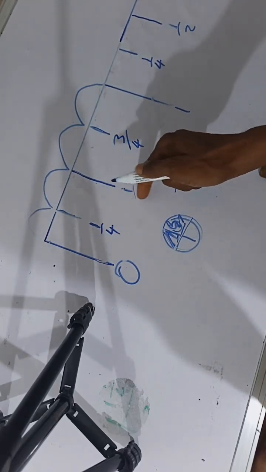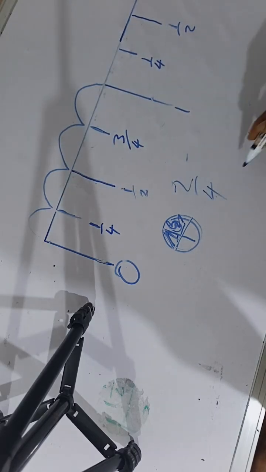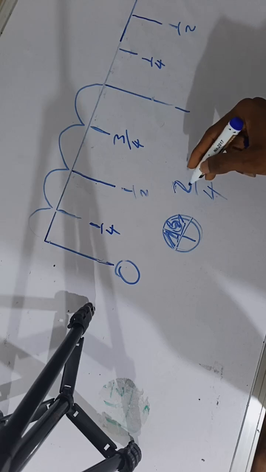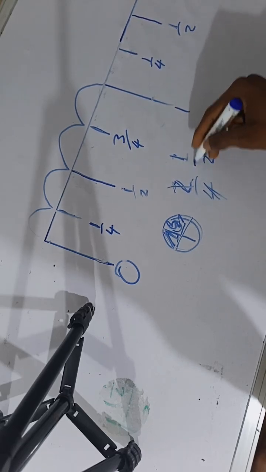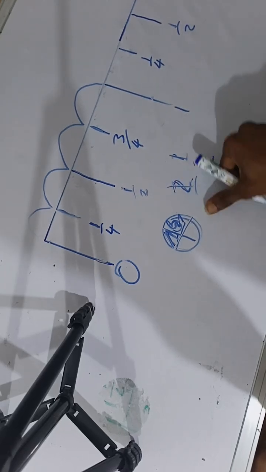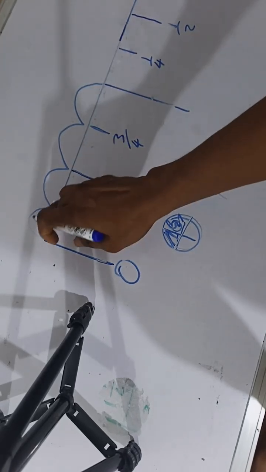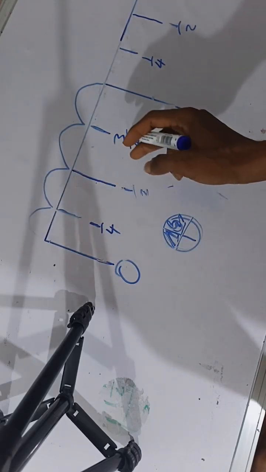This is 2 out of 4, which is 2/4. We said that in mathematics you have to divide it by 2 since it is dividable. So that's how you don't see 4 here. So moving on, 1, 2, 3. So this is 3 out of 4.